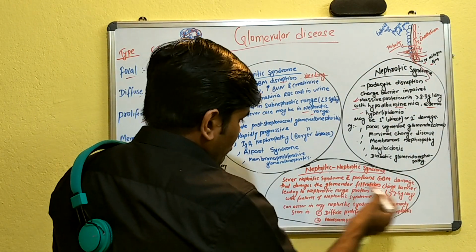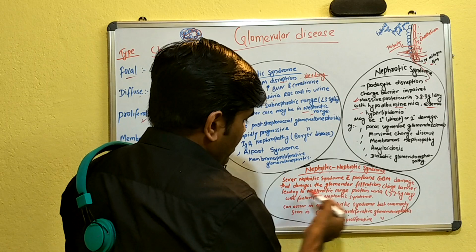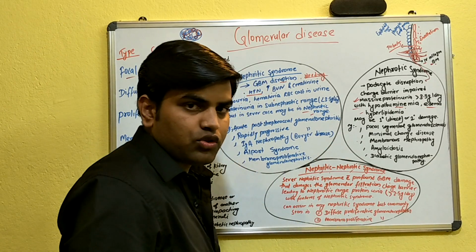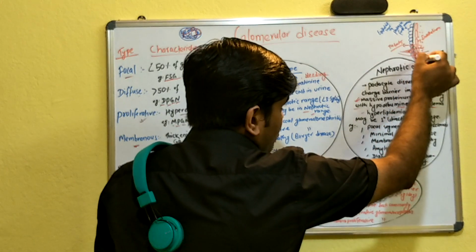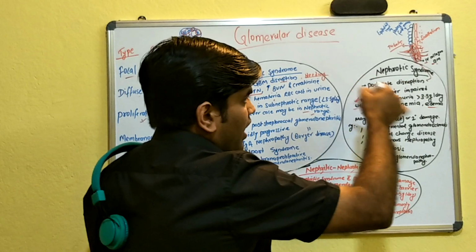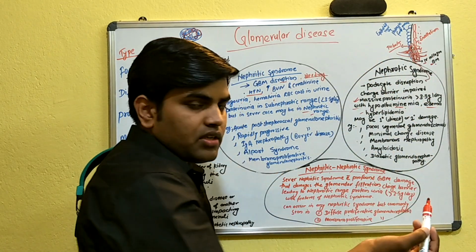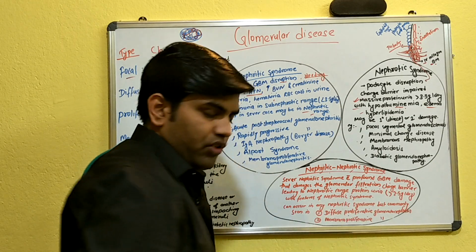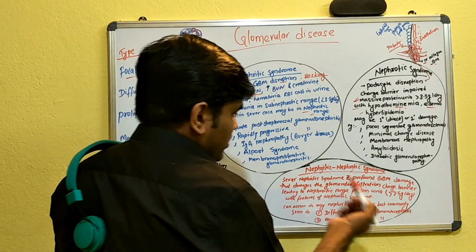Okay, so GBM damage that leads to damage of the glomerular filtration charge barrier, leading to the nephrotic range of proteinuria. So you understood? There is profound damage of your glomerular basement membrane that has also damaged your charge barrier, and since the charge barrier is now damaged, it has led to leakage of protein in the nephrotic range, with the features of nephrotic syndrome.